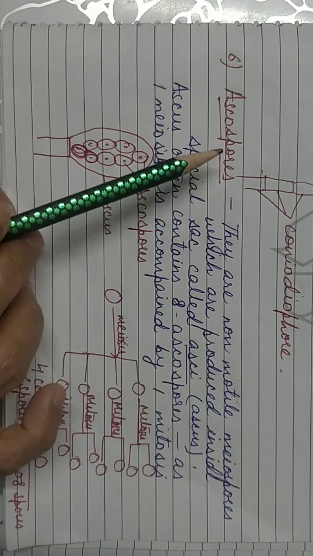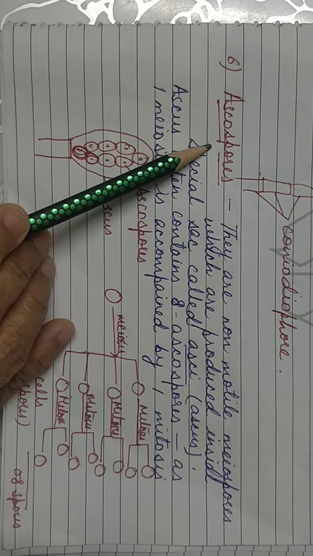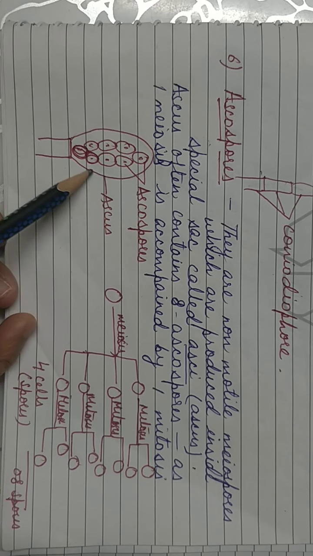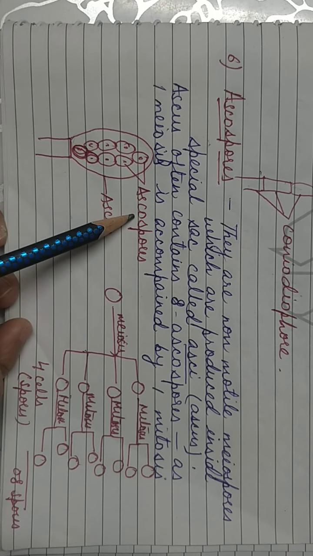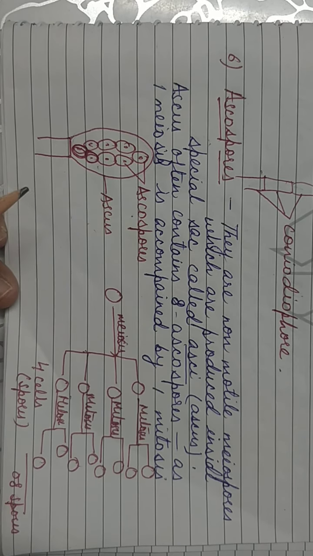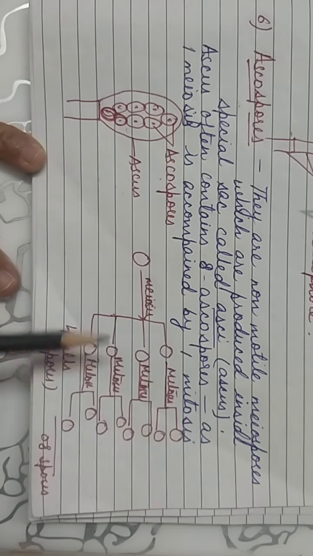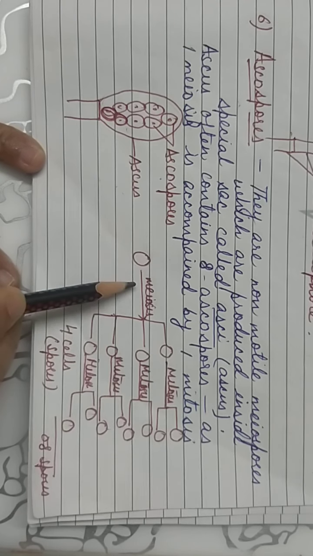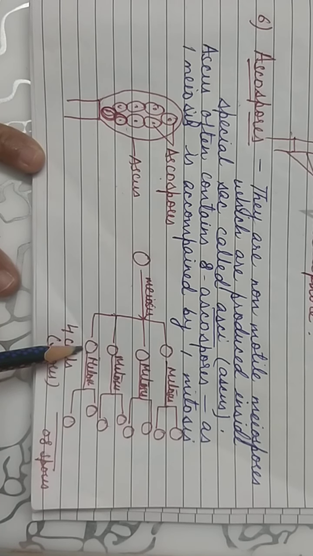Next is ascospore. Ascospores are meiotic spores, that means they are haploid children, and they are present in a special structure known as ascus, and there are 8 ascospores present in one ascus. Now how these 8 spores are produced, I've tried to explain over here. Suppose this is one cell. This first undergoes meiosis, and it forms 4 haploid spores.